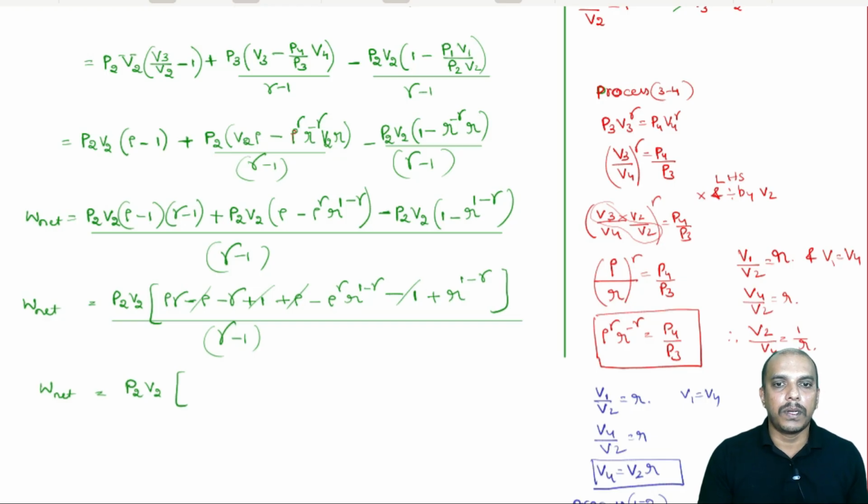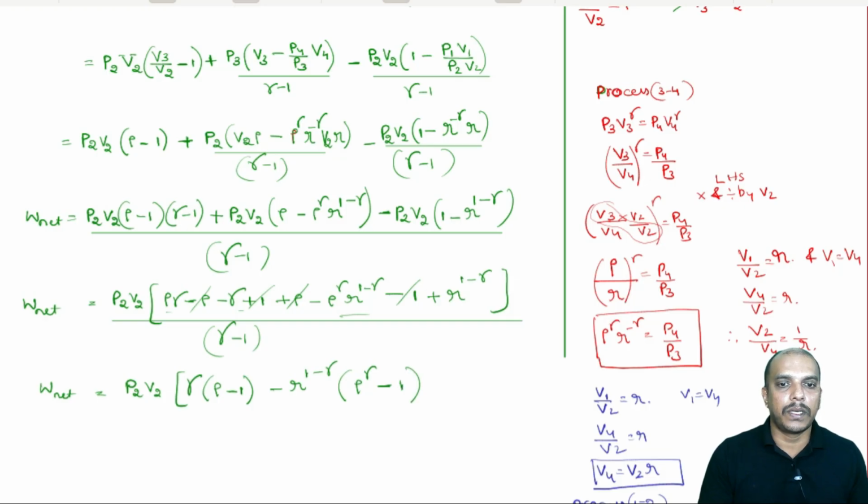Let us take this common out here. We have gamma common, which can be taken in the first two terms. Then we will have rho minus 1 in the first term. Then if you take minus R power 1 minus gamma in these two terms, then what we will have is rho power gamma minus 1 here, right.